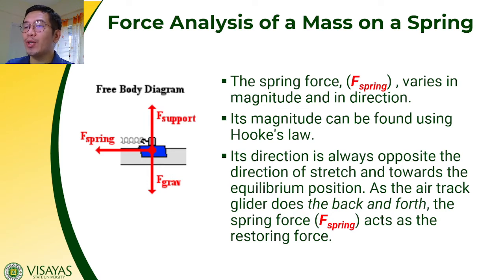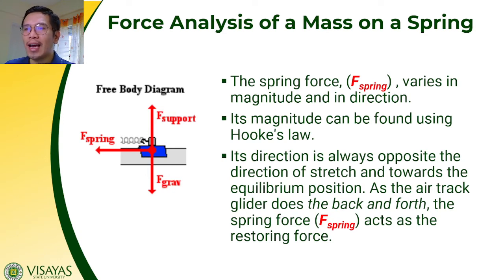The final force is the spring force, F spring. And as discussed a while ago, the spring force varies in magnitude and in direction. Its magnitude can be found using Hooke's law. Its direction, however, is always opposite the direction of the stretch and towards the equilibrium position.